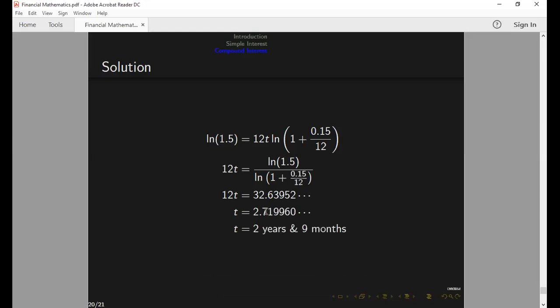We multiply whatever remains by 12 so that we convert that portion of a year to months. So we've got 2 years and 9 months. And that is how we get the period, which basically means that it'll take 2 years and 9 months for this amount to increase by 50%.